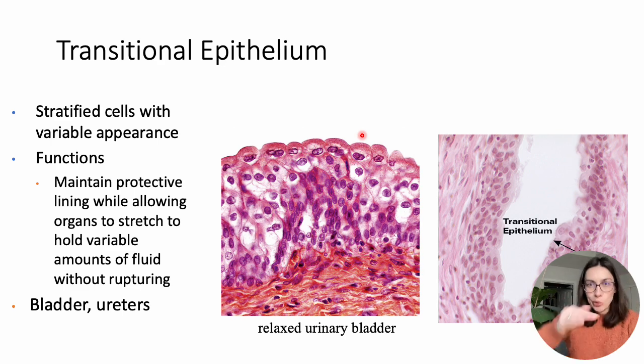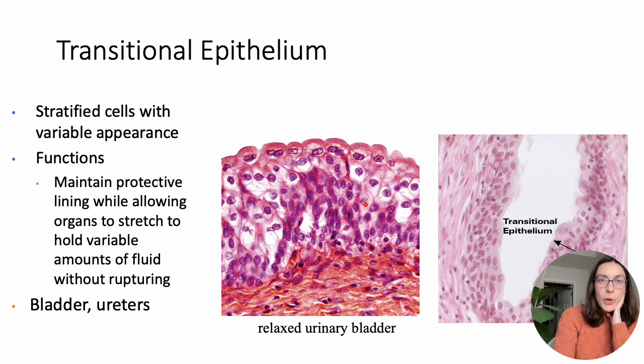They look like balloons. And they don't have a very obvious shape. They're kind of circular or balloon shaped all throughout, especially on the apical surface.